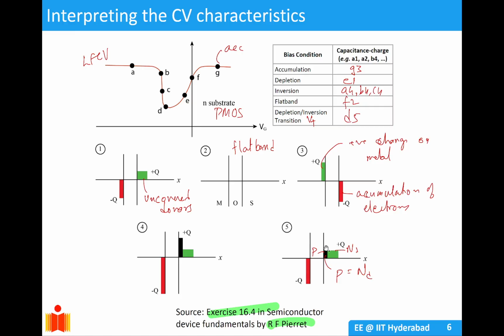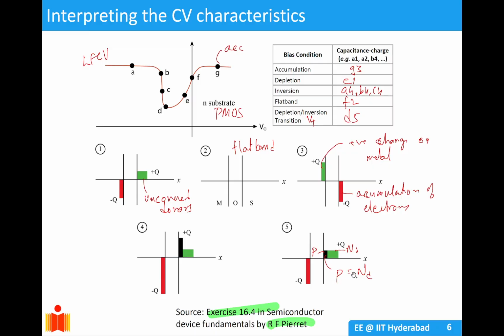and that will correspond to this part, where you have your depletion region as well as built inversion charges which are equal to your depletion region height.